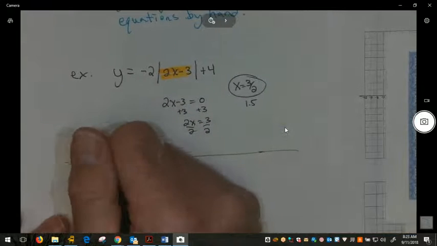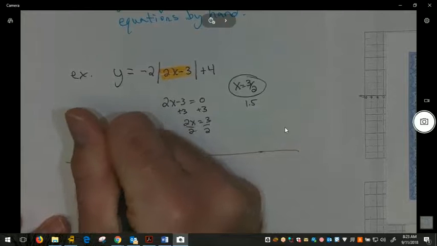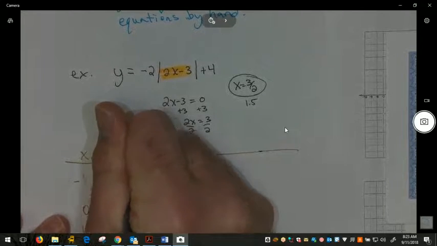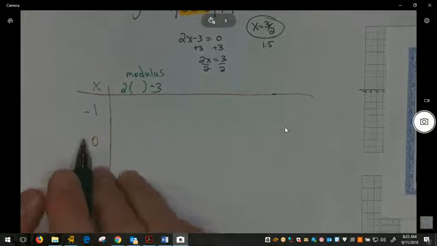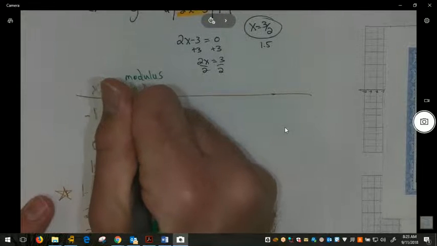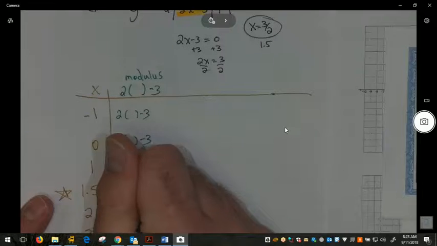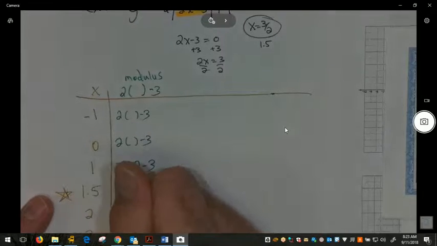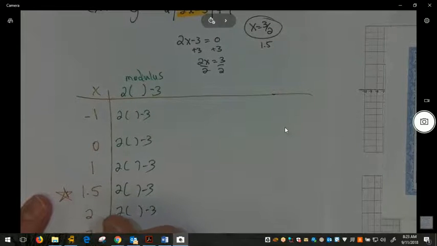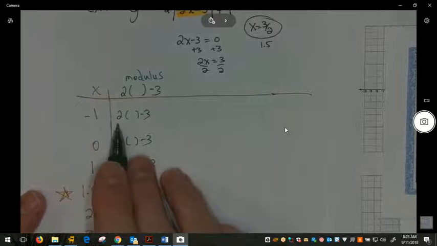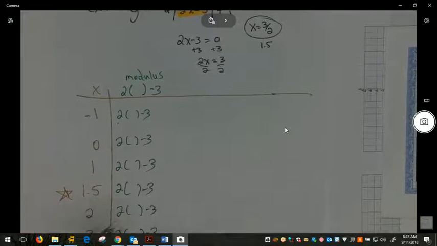So the very first thing we're going to do is 2 times x minus 3, because that is the modulus. We're going to do that for every one of these, plugging in negative 1, 0, 1, and 1.5. I'm just going to keep copying this because this is exactly what I'm going to do to all of these numbers. I'm going to multiply them by 2 and subtract 3, just like the modulus says.